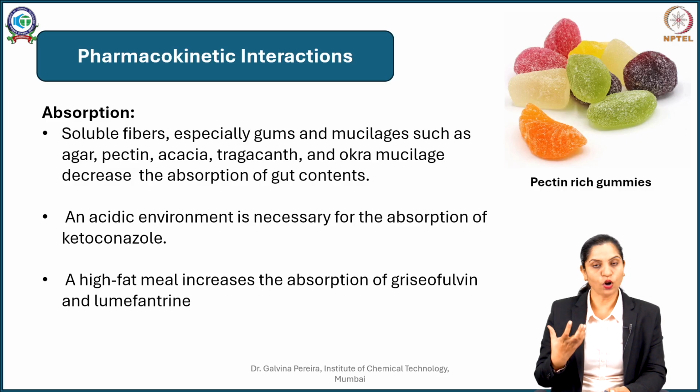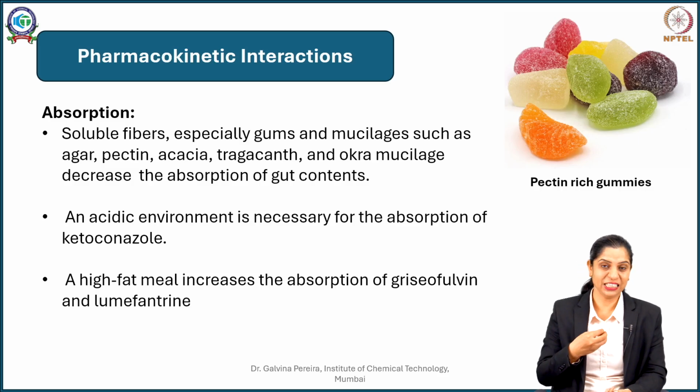So we eat a lot of carbohydrates, and many of them contain what are called soluble as well as insoluble fibers. Soluble fibers include ingredients such as acacia gum for making laddus or even tragacanth. We have our gums and jellies, which are a good rich source of pectins.